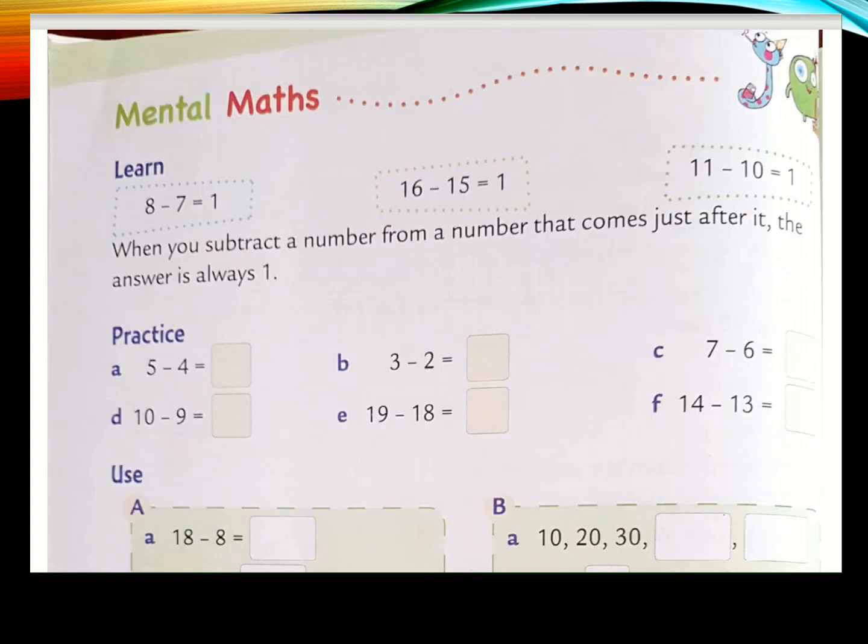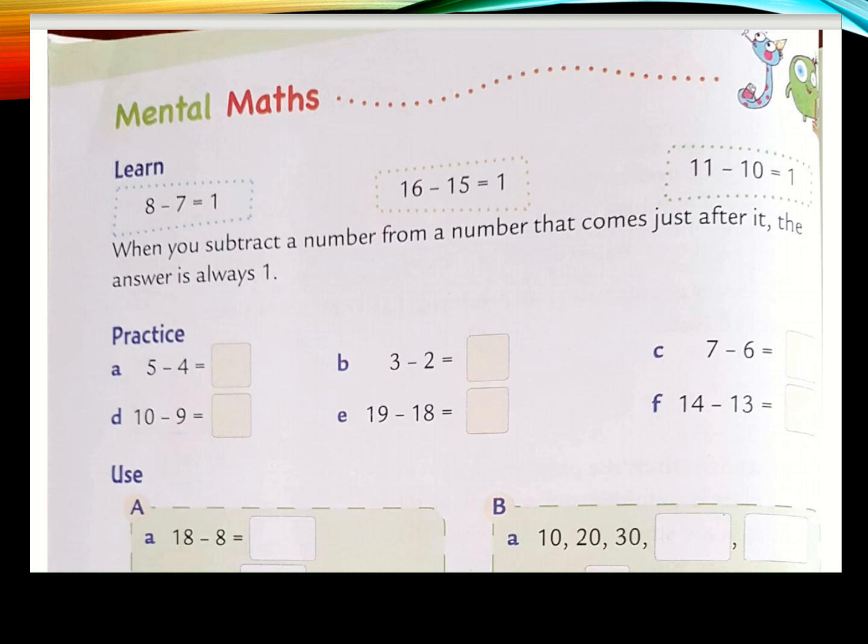Page number 72. 5 minus 4. When you subtract a number from the number that comes after it, the answer is always 1.